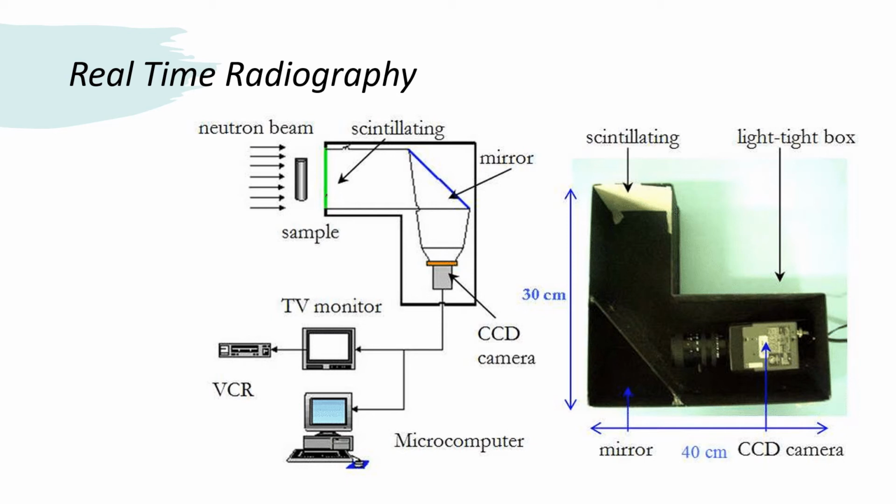During real-time radiography, the image is interpreted generally at the same time as the radiation passes through the object. Another difference is that a positive image is normally presented, whereas the X-ray film gives a negative image.